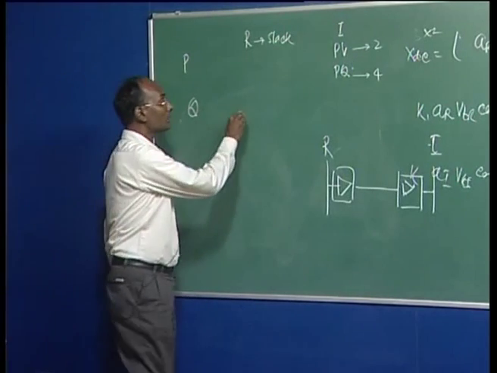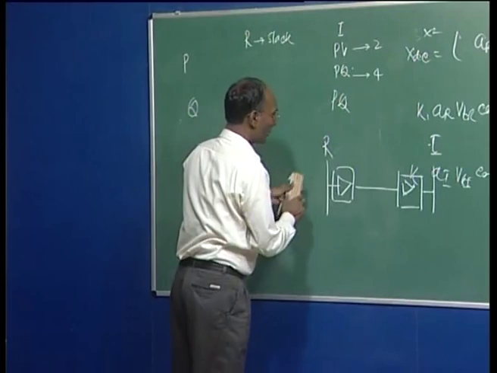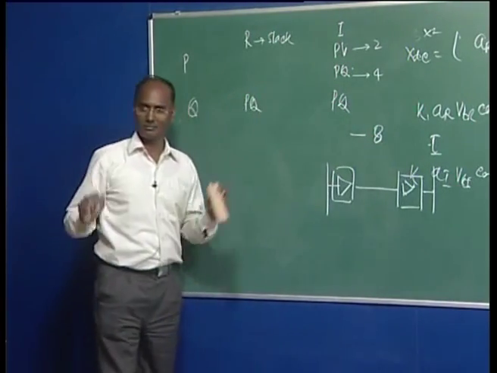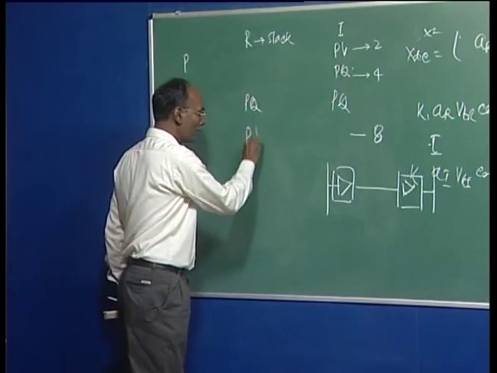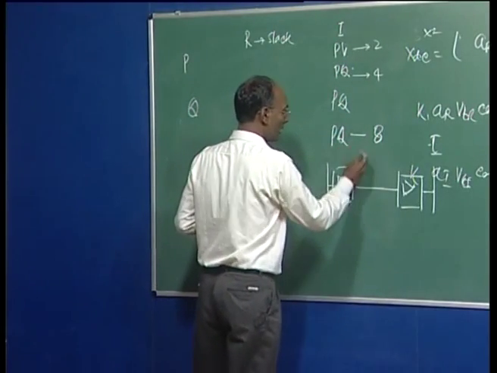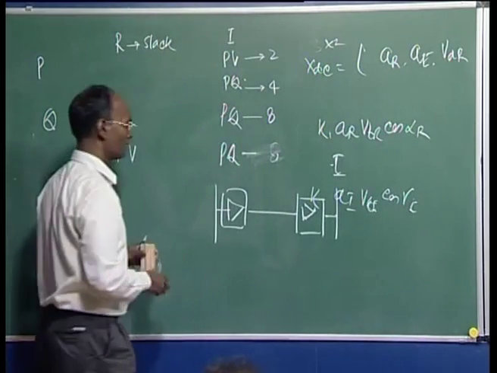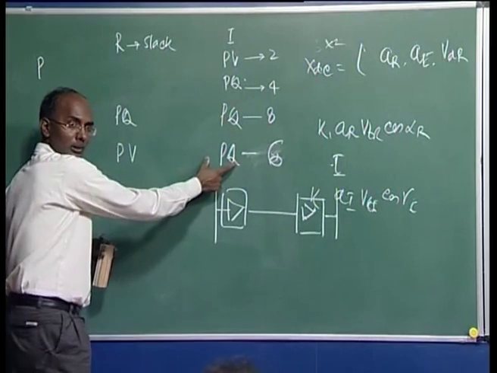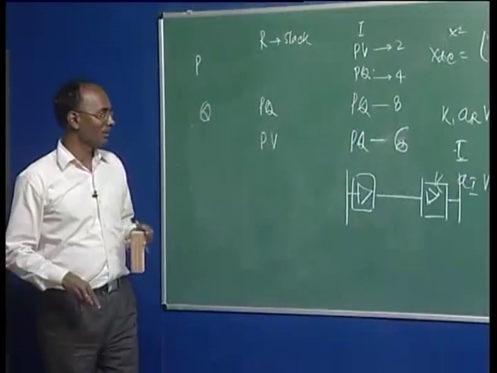If we are having both PQ and PQ, then we are going to have 8 completely. If one is your PV and another is your PQ, then I can say here 8, how much? It is going to be 6, because 4 corresponding to this, 2 corresponding to this.